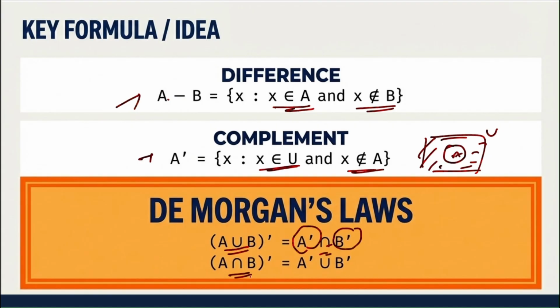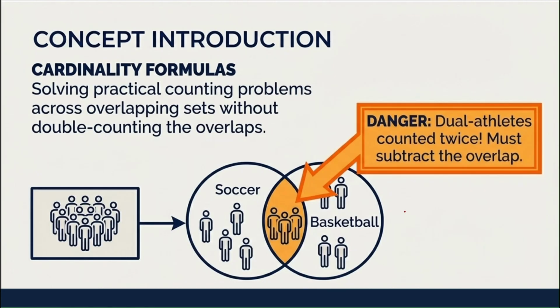Similarly, for A intersection B, if we take a complement, we get individual complements and we take the union. These are very simple to apply, and these are mainly used for simplifying some Boolean expressions, or later you will see when we have some mixed expressions involving unions and intersections. These laws are actually very helpful.